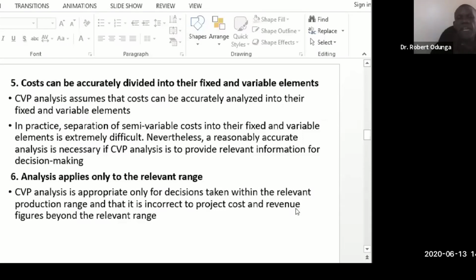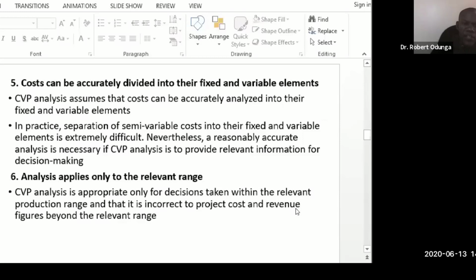So for semi-variable costs, we always find a way of classifying them either fixed or variable. So it's important that we can break the semi-variable costs into fixed and variable, because that's when the model can work, but not with the semi-variable costs.